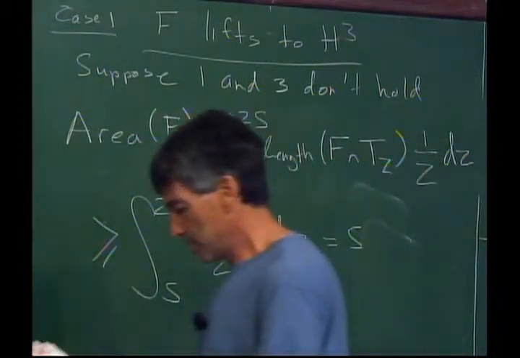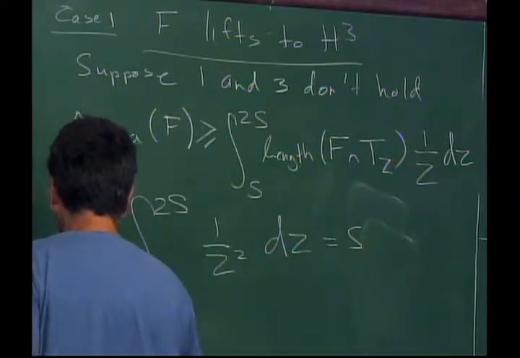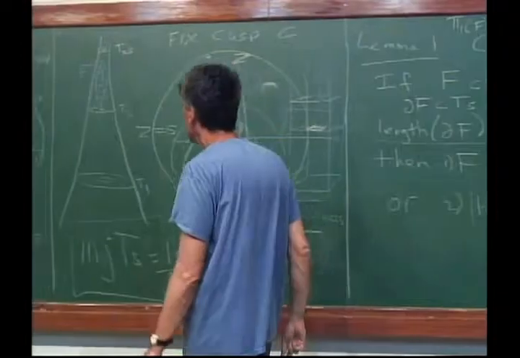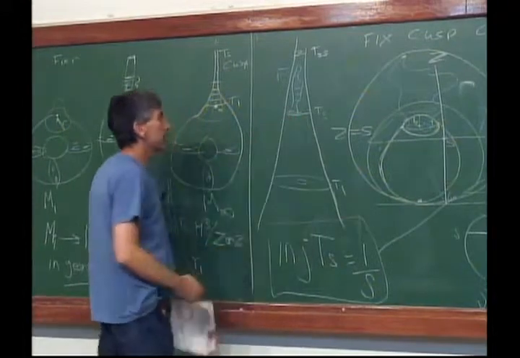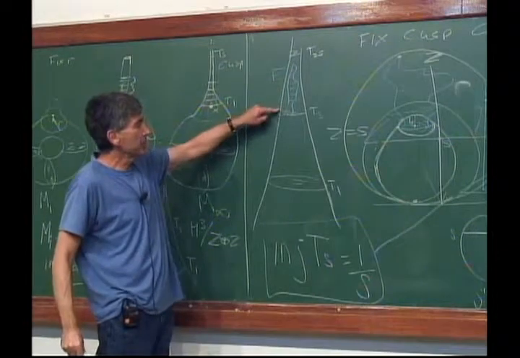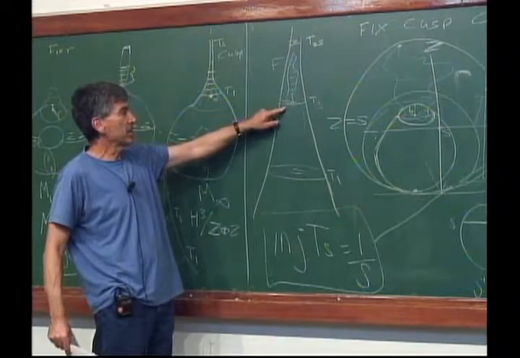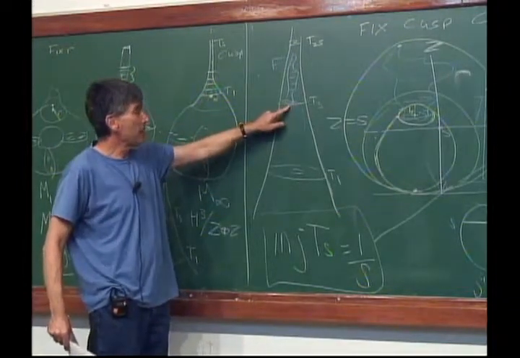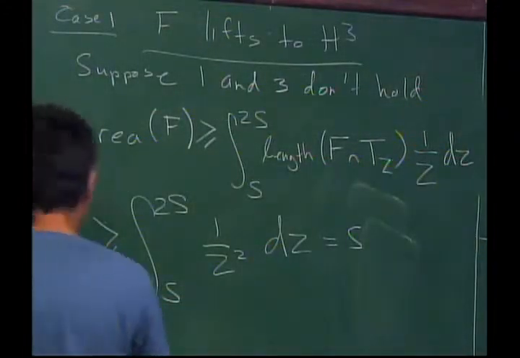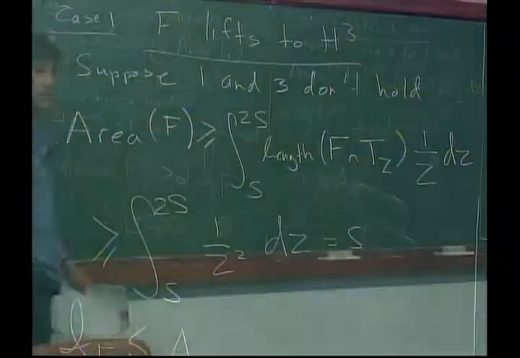Now, we know that because this surface is null homologous, the boundary of this curve bounds a surface in this cusp, so it's null homologous in this manifold, and that implies it's null homologous on the torus. So it bounds a surface on this torus, which means that the infimum of area of all surfaces that it bounds is smaller or equal to the area of the torus T sub s.